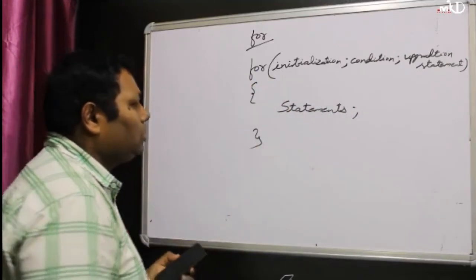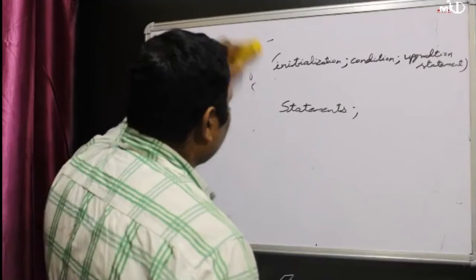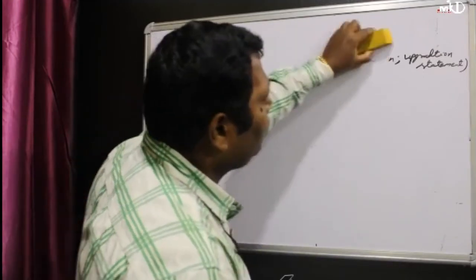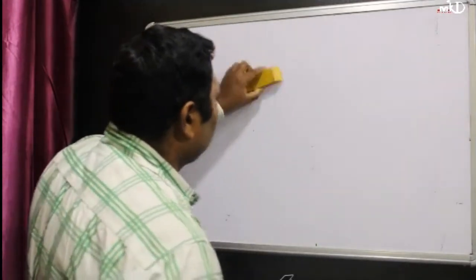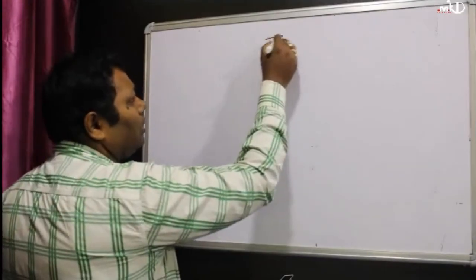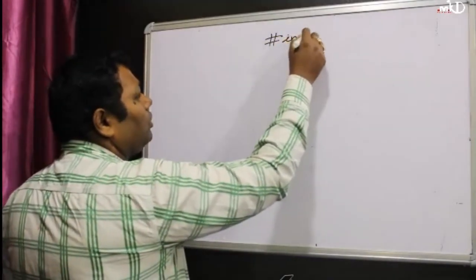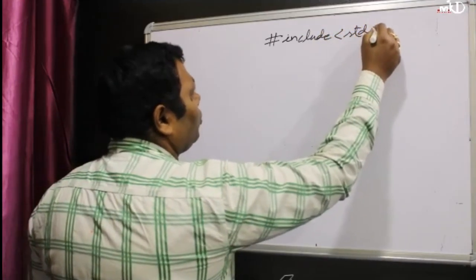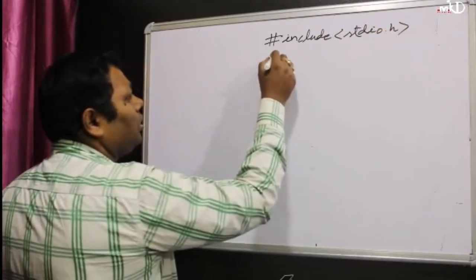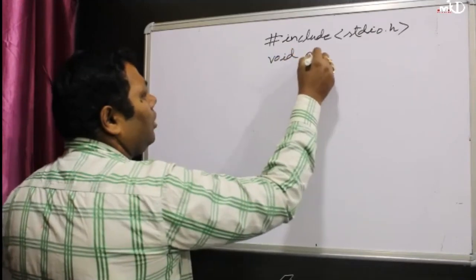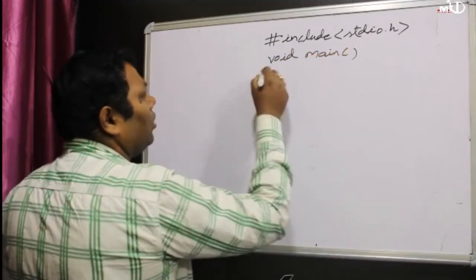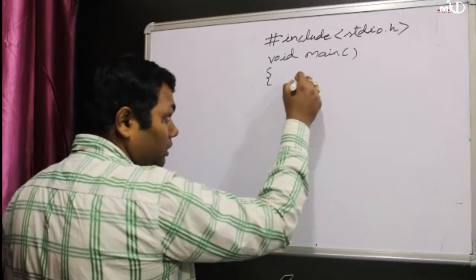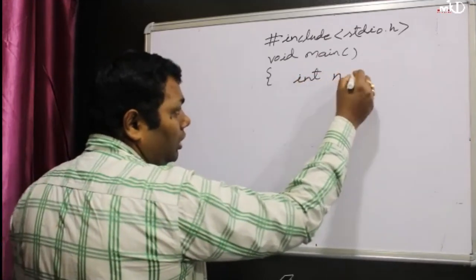Okay? So let us take an example. Let me take the same example to print 1 to 10 using the for loop. Okay? #include <stdio.h>, void main, open curly braces, int n.